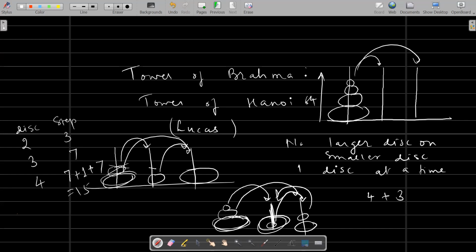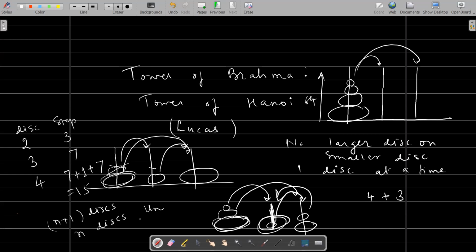And which means, suppose if I have n plus 1 disks, first I have to remove n disks, for which what is the number of steps I need. So suppose that number is u_n.